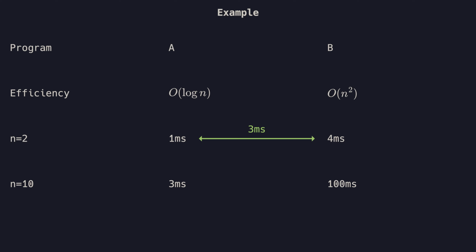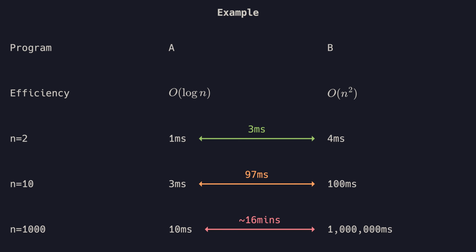The difference of 97 milliseconds starts to show the level of inefficiency of program B. This level of inefficiency becomes even more glaring when we look at an example of 1,000 inputs. Program A would complete in about 10 milliseconds, whereas program B will take 1 million milliseconds. This difference works out to about 16 minutes and 40 seconds.